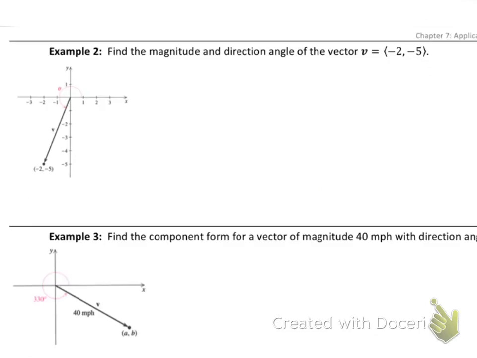Okay, let's put everything we learned into this problem. We have to put a little bit of extra effort into this one. So it says find the magnitude and the direction angle of the vector -2, -5. So what I'm going to do is, well, I did it for you, but what I would do is I'd plot that point. I would draw a line so I know what vector they're talking about. So the directional angle is this guy.